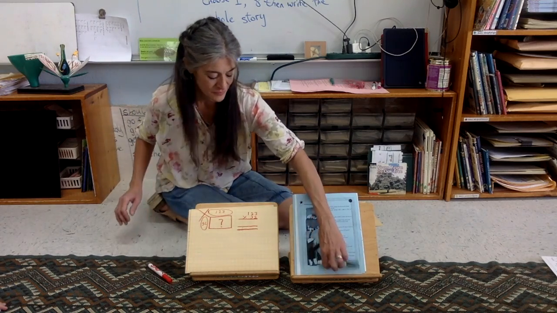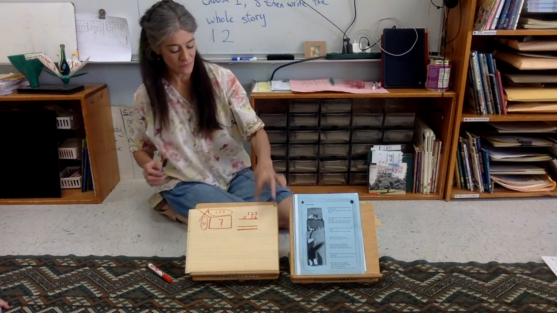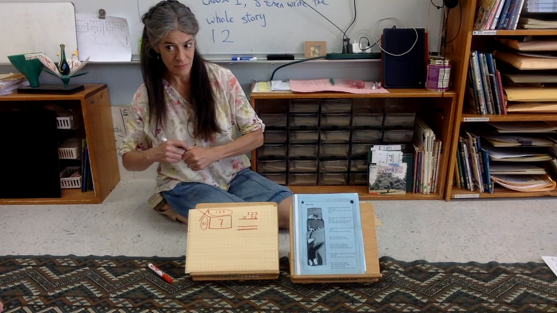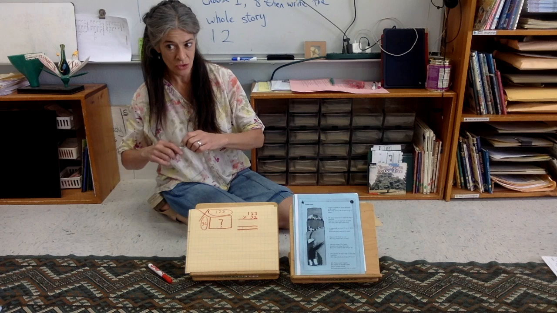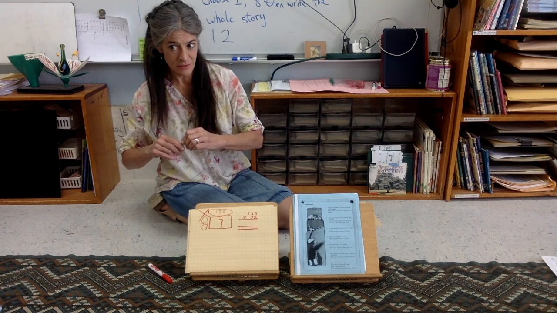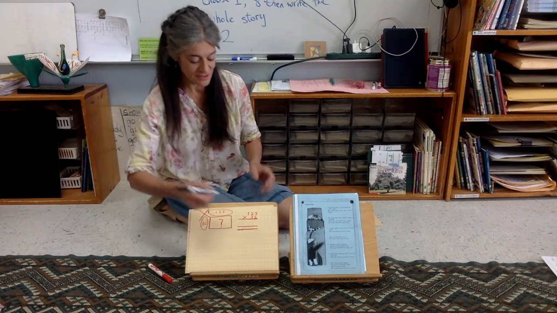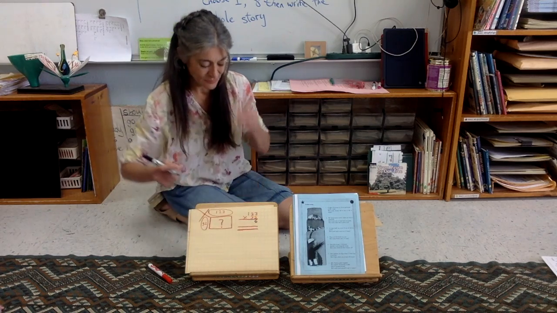Gage. 2 times 3 is 9. Try it again. 2 times 3 is 6. Yeah, 6. I was saying it was 3 times 2.